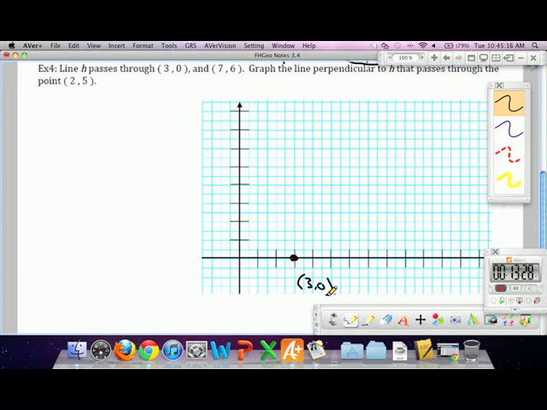Here's line H. Graph the line perpendicular to H that goes through the point (2, 5). Here's (2, 5), and I want a line through that point that's perpendicular to this one.